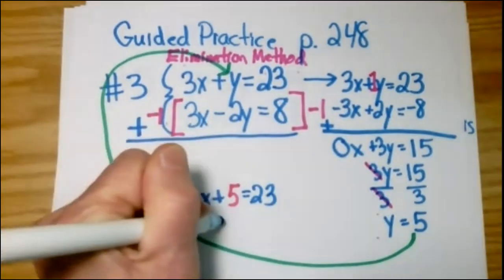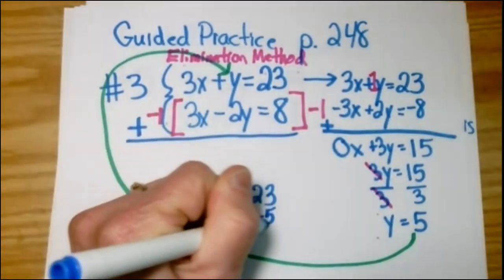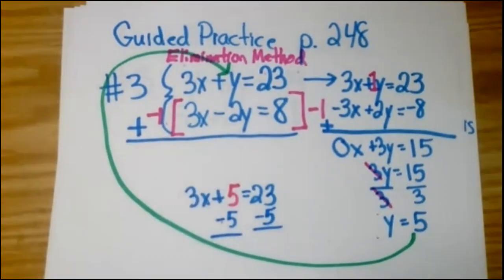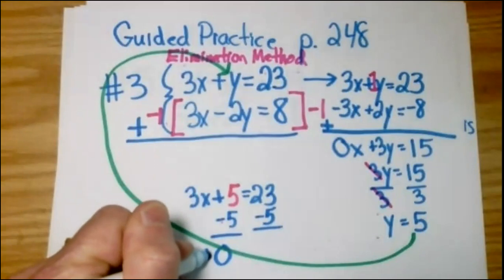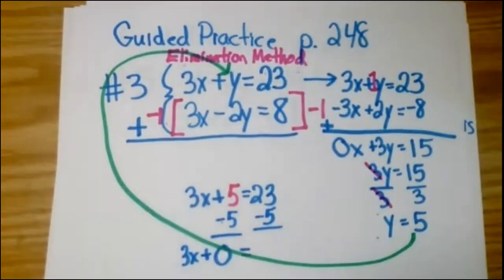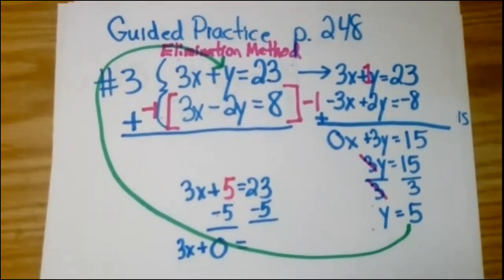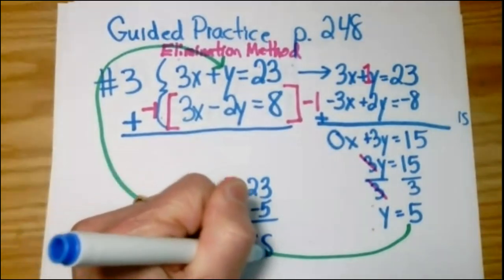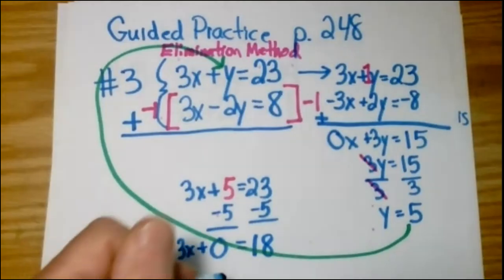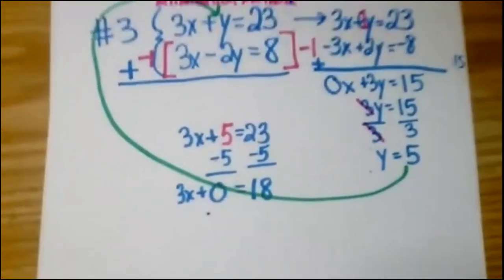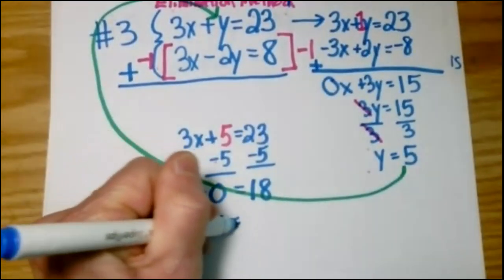I'm going to subtract 5 from both sides. This will become 0. I'll be left with 3x plus 0 equals 23 minus 5. 22, 21, 20, 19, 18, positive 18. I'm going to drop the 0 and get 3x equals 18.